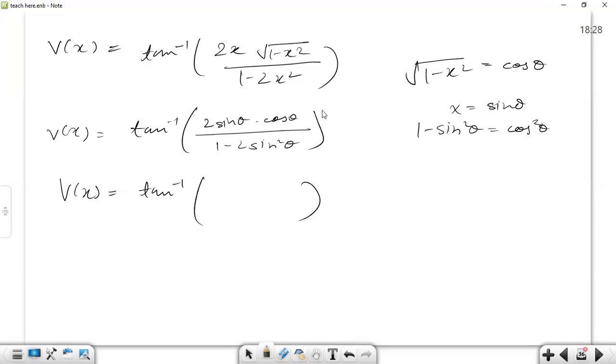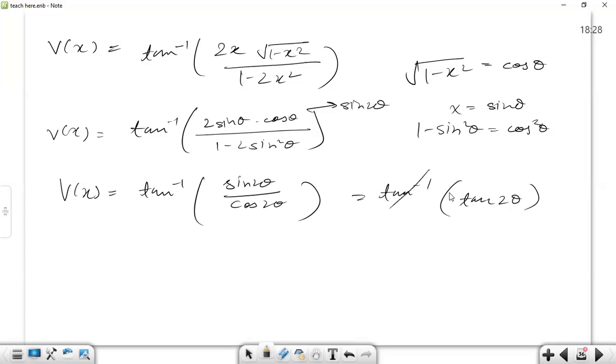Now 2 sine theta cos theta is the formula of sine 2 theta. So sine 2 theta divided by cos 2 theta, and sine theta by cos theta is tan theta. So it makes it tan 2 theta. Inverse trigonometric function will cancel the trigonometric function.